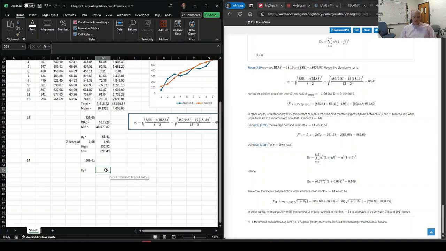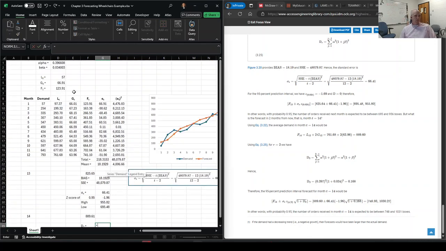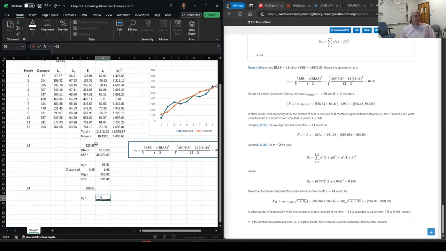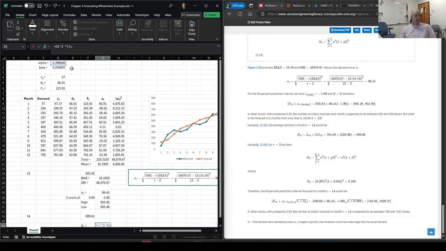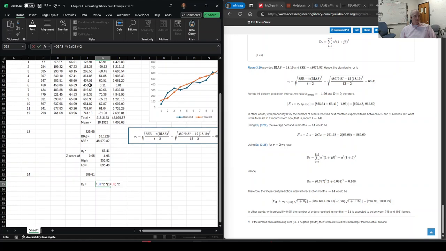So what we need to do for this D2 is we'll take our alpha, here's that 0.397, and we'll square it, and we'll do 1 plus beta, close parentheses, squared on that. I'm just using this formula right here from the book. Alpha squared times (1 plus beta) squared. That should give us 0.168.